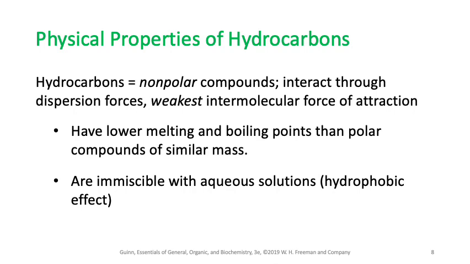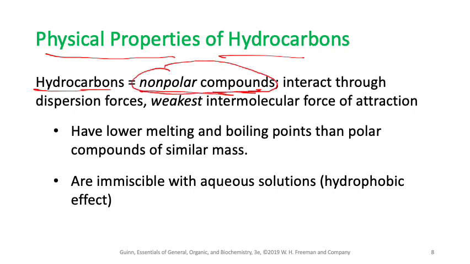Now we're going to talk about the properties of the hydrocarbons, whether it's alkane, alkyne, or alkene. We know hydrocarbons are non-polar compounds because there is no polar bond present in the hydrocarbons, right? And if the compounds are non-polar, we have just one type of intermolecular force, which we already know, which is dispersion forces, because non-polar compounds always have dispersion forces, and this is the weakest type of intermolecular force we already talked about in the previous chapter.